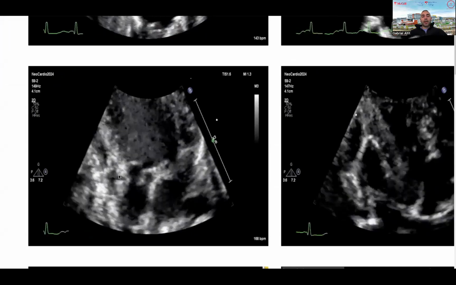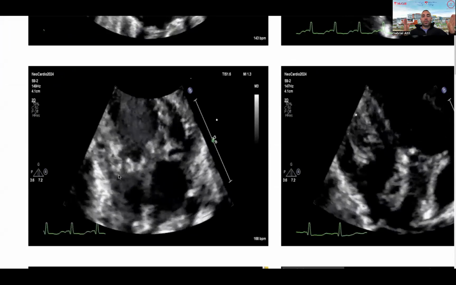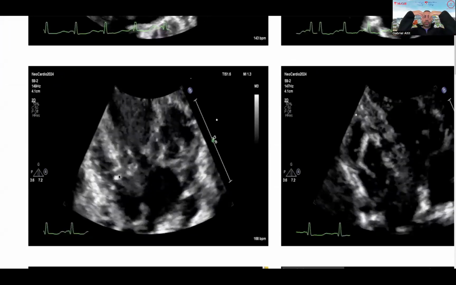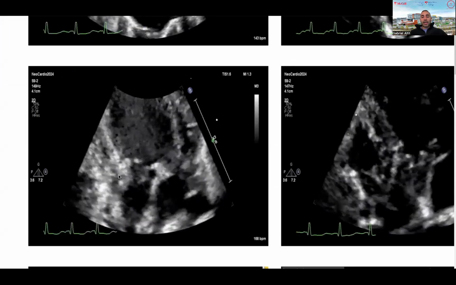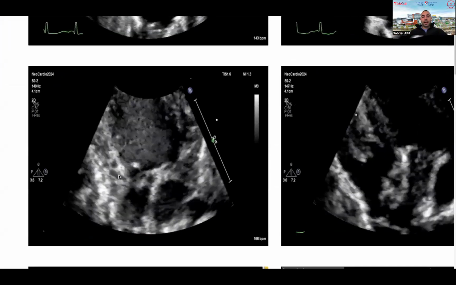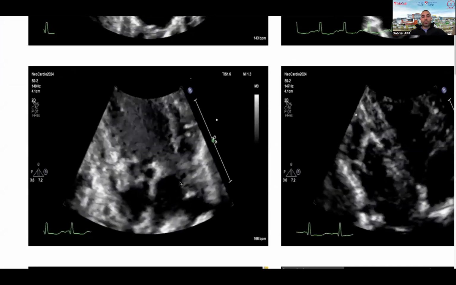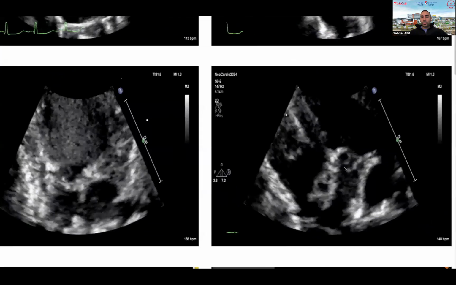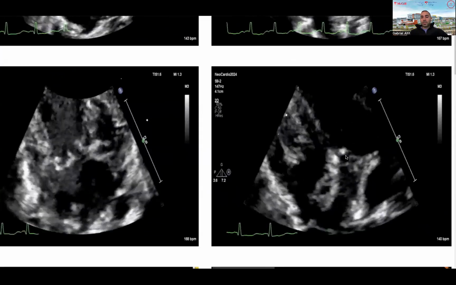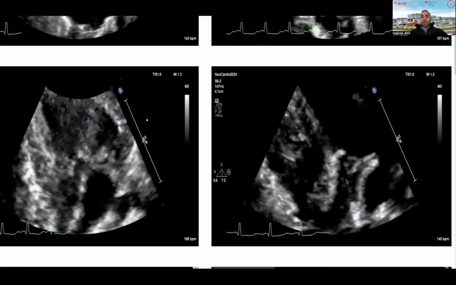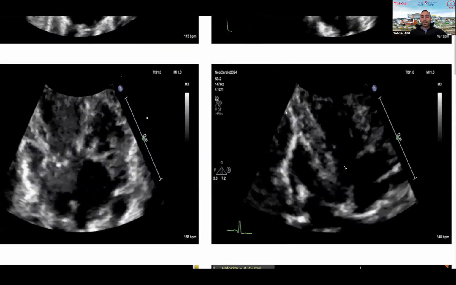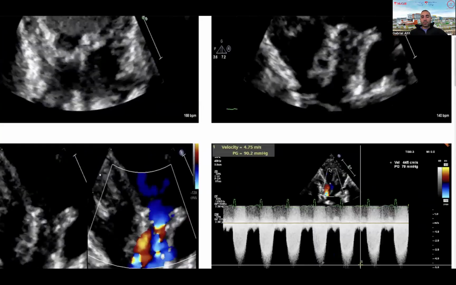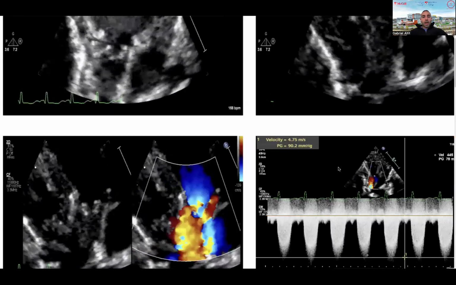We call this doming pulmonary valve, which means that the pulmonary valve is not opening fully and smoothly, but there's almost a dome of the cusps, which is potentially creating some obstruction or pulmonary valvular stenosis. We can see some of the cusps of the pulmonary valve in this particular cut in parasternal long axis, and we can see that it doesn't open nicely and fully.